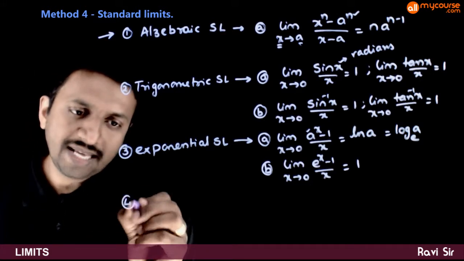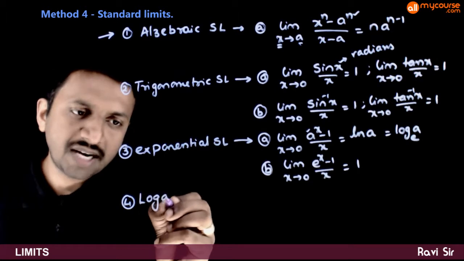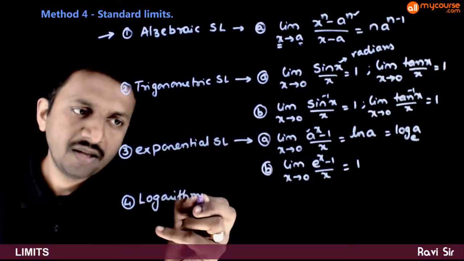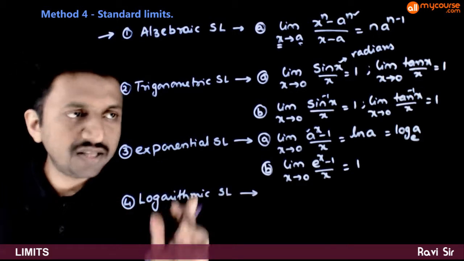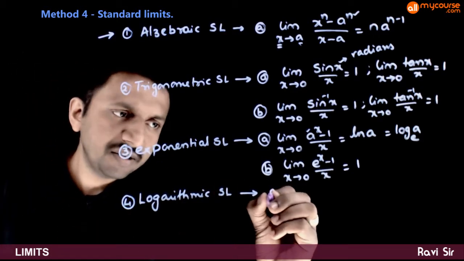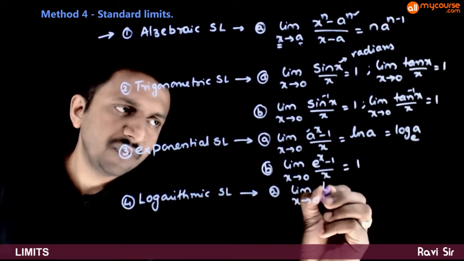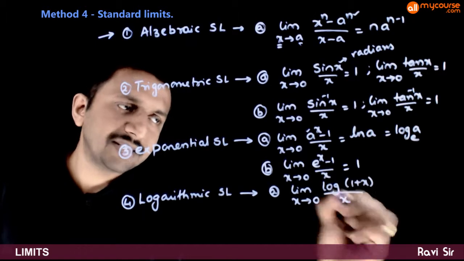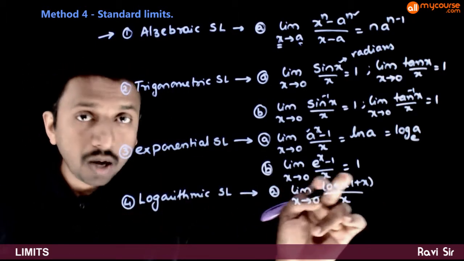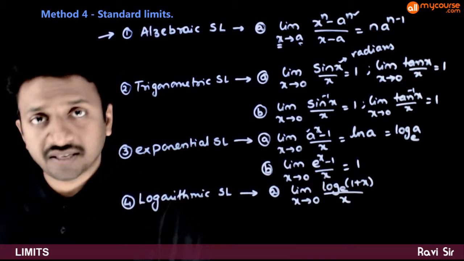And the next type of standard limits is the logarithmic standard limit. In this you have one formula, which is limit x tends to 0 log 1 plus x by x. The log has the base e.